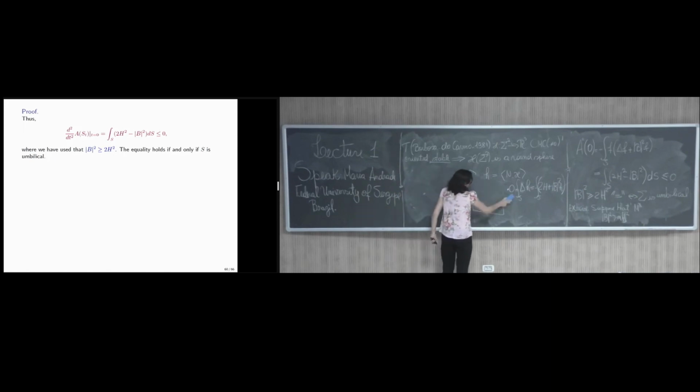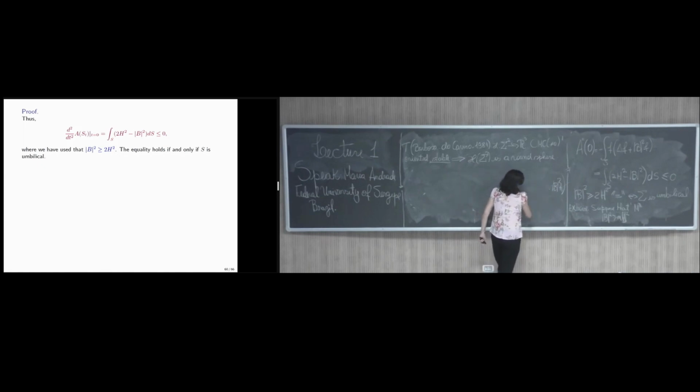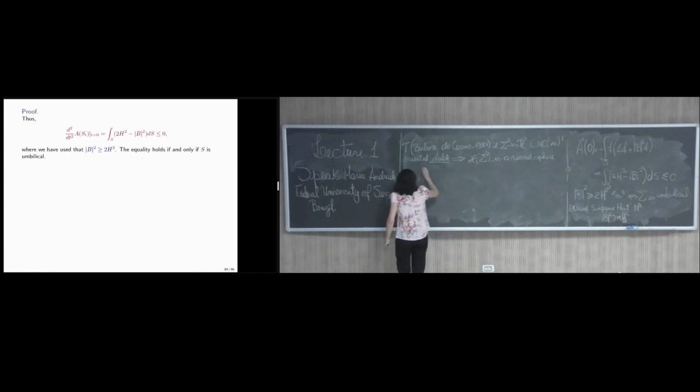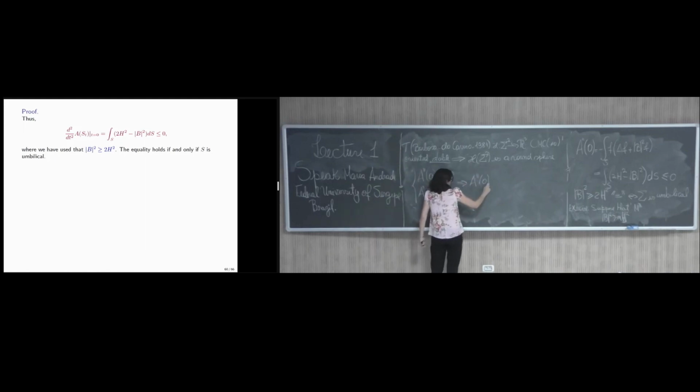That means that the second variation of area is bigger than or equal to 0. And as I proved before, this happened, so you have here that this is equal to 0. In this case, you have the equality.